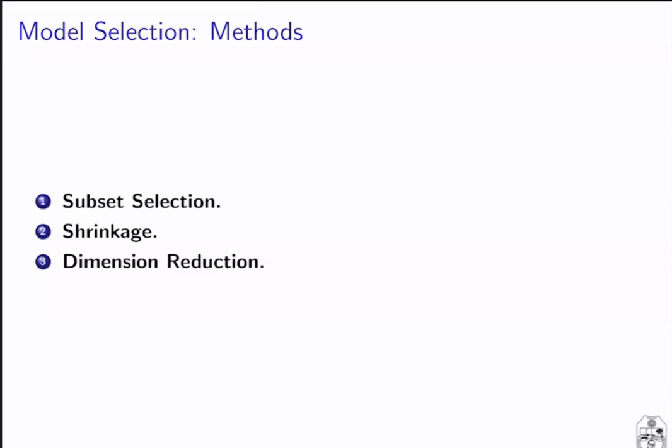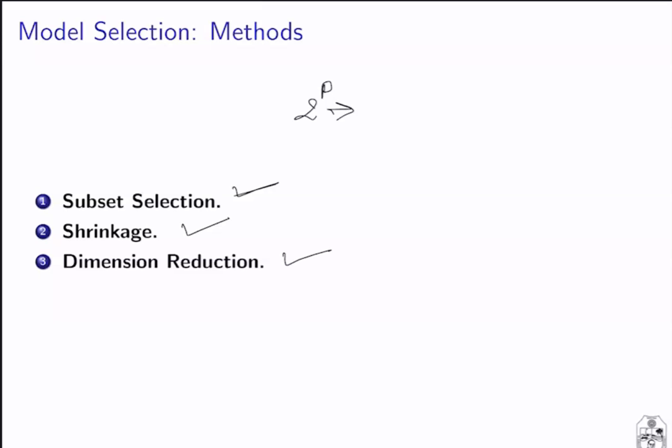Then there are different methods which can be used to select one model out of 2 to the power of p possibilities. The first method is called subset selection. We are going to see each and every method. The second method is called the shrinkage method, and the third method is called the dimension reduction method.